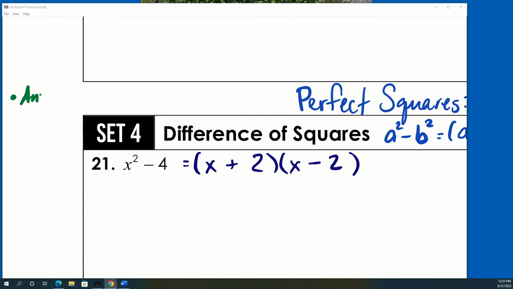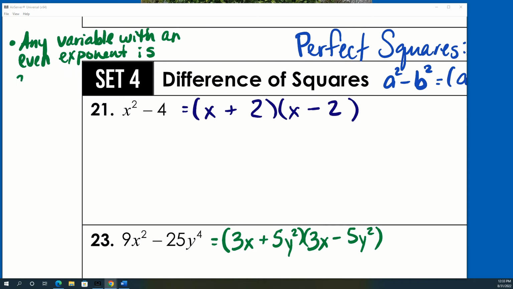So any variable with an even exponent is a perfect square. So y to the fourth, y to the sixth, y to the eighth.